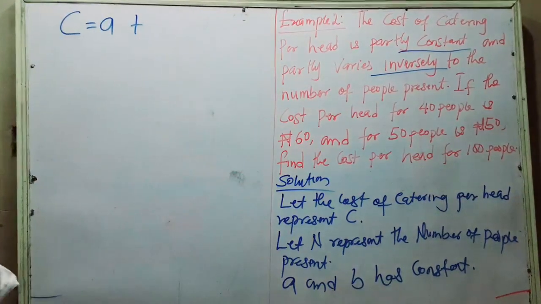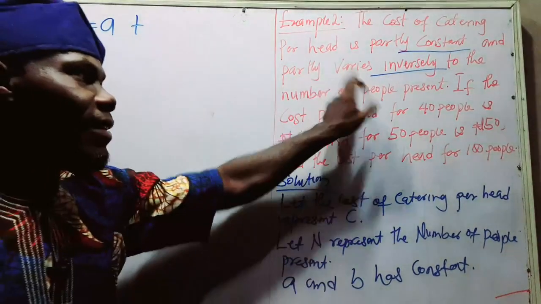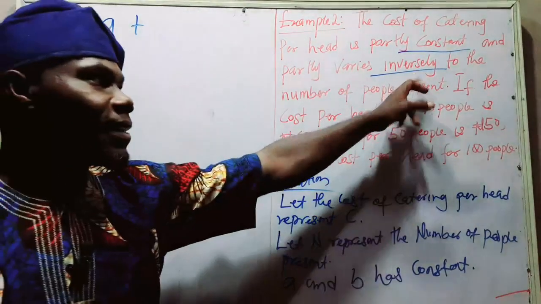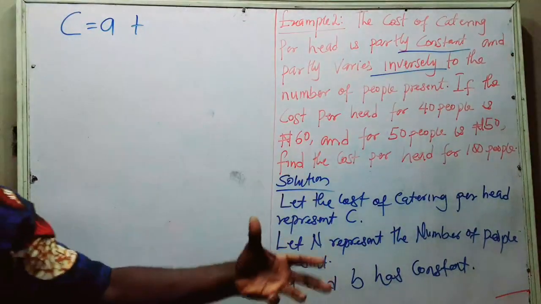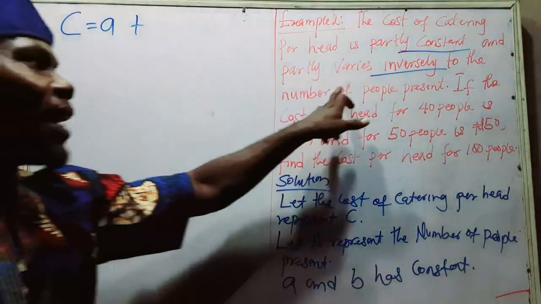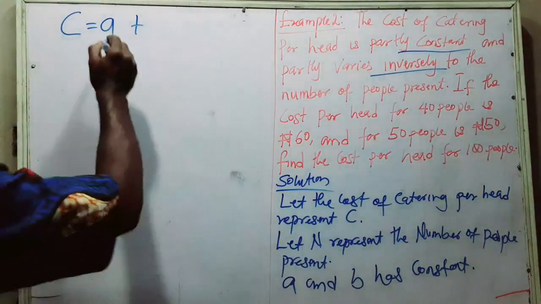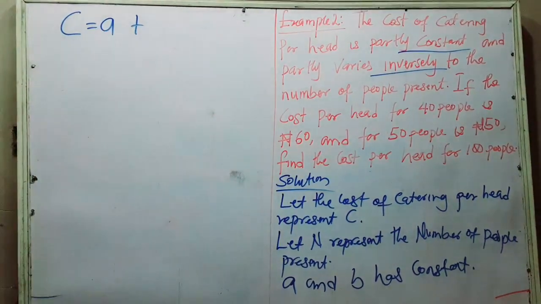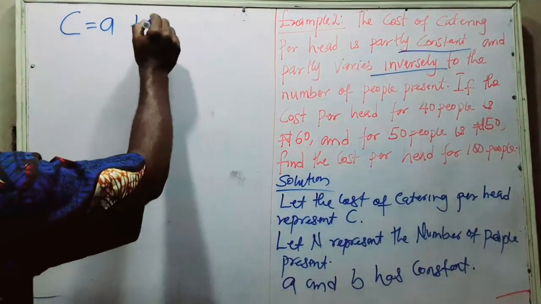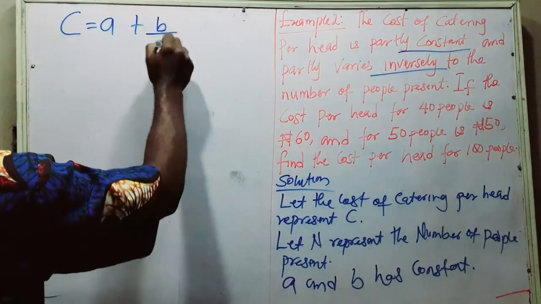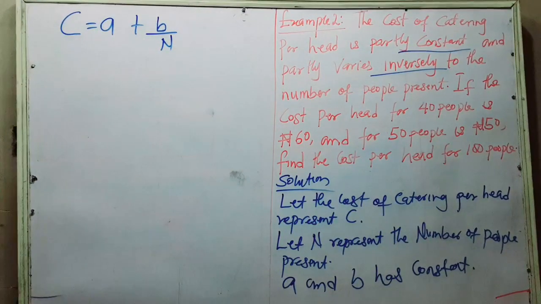Recall our first question, partly varies. We did not put inversely, but this question involves inversely. So if it varies inversely to the number of people present, we have B over the number of people present. So this is the equation we're able to deduce from the expression.